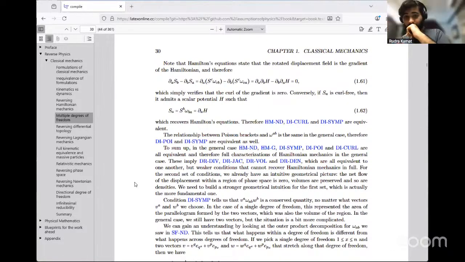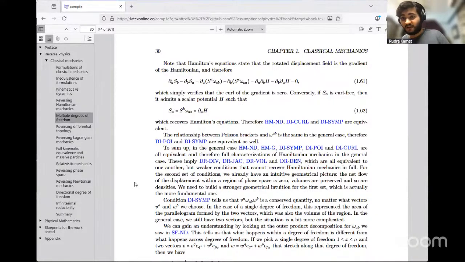Note that Hamilton's equations state that the rotated displacement field is the gradient of the Hamiltonian, and therefore we have the curl term being set to 0 in equation 1.61, which simply verifies that the curl of the gradient is 0.